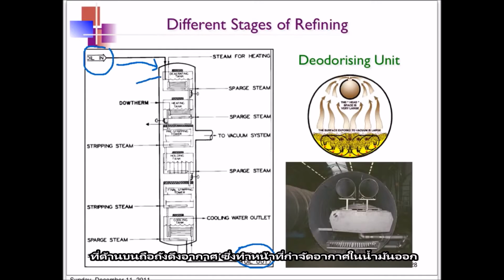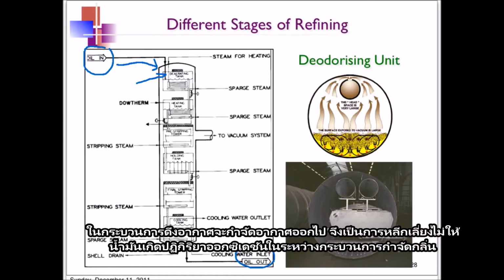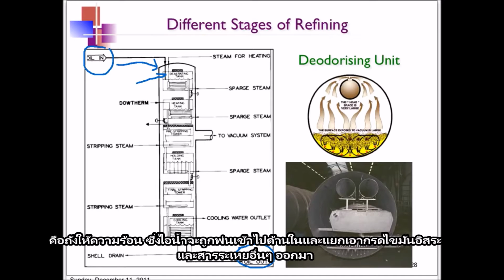On the top part here is the aerating tank, where the air in the oil will be removed. So the aeration process removes the air, so that it will reduce the oxidation of the oil during the deodorization process.